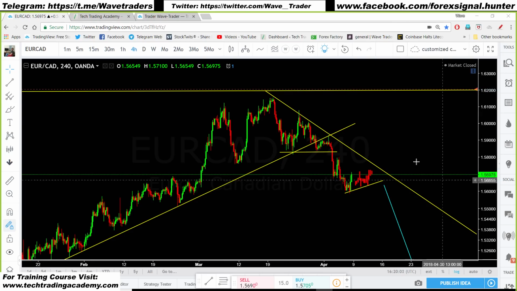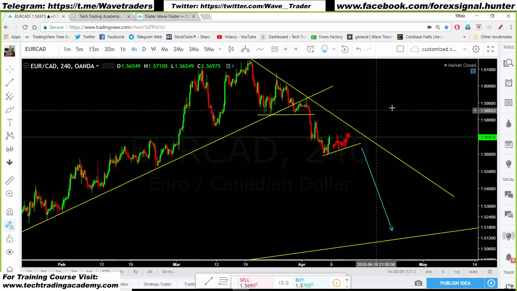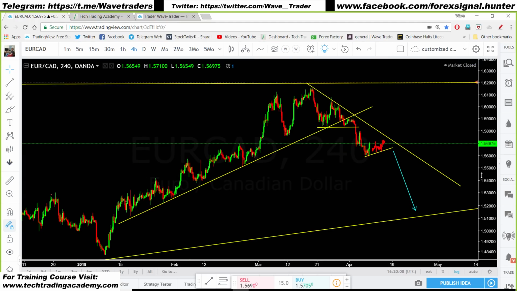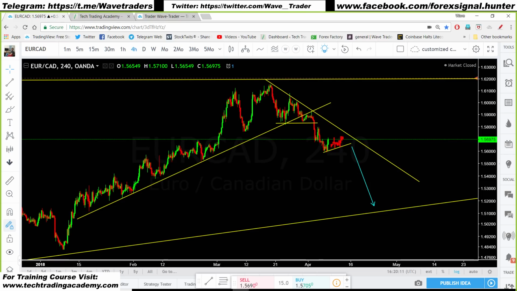So what you guys need to look for next week: a lot of money is still there on this pair. Just look for another correction. This is a symmetrical triangle which has broken down.